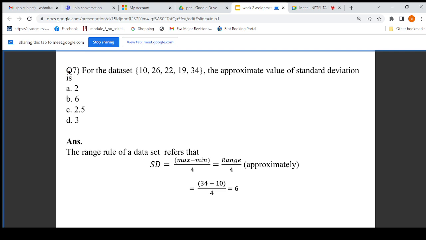Please, whoever is solving the question, mute it and tell me the final answer. Root over 78.25. Anyone else?